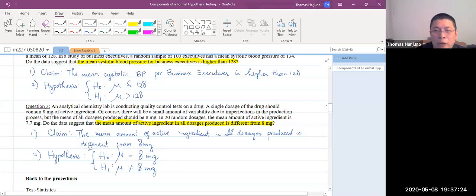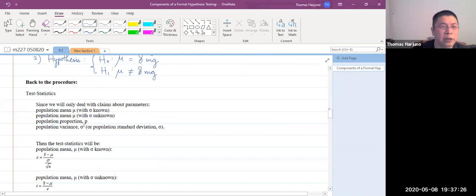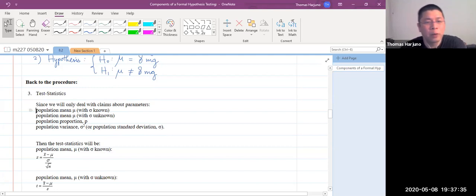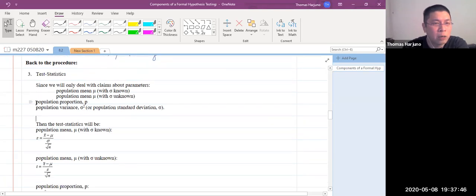Now, let's go back to the procedure. Go to step 3. Test statistics. Now, since we will deal with parameters only, we will deal with only population mean with sigma known, population mean with sigma unknown, and population variance or population standard deviation.